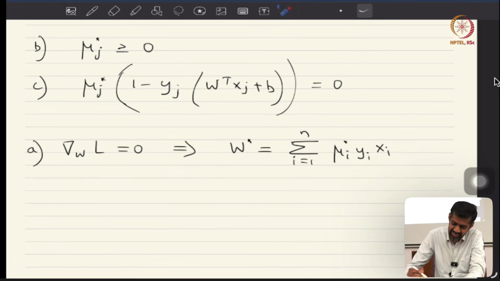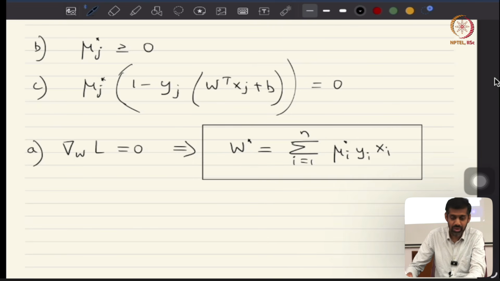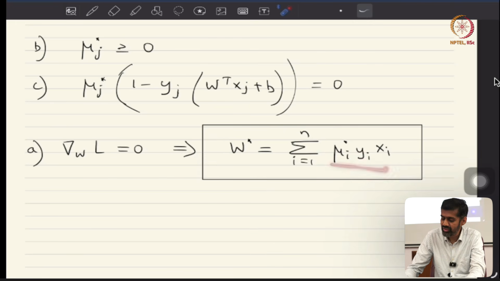See, this is a very interesting equation. We already got our optimal w. What is the optimal w? Optimal w is simply a linear combination of multiple data points, that is it. Remember, this is a very strong result: the optimal w is simply a linear combination of data points, because y is simply +1 or -1, and mu_i are scalars, Lagrange multipliers are scalars.